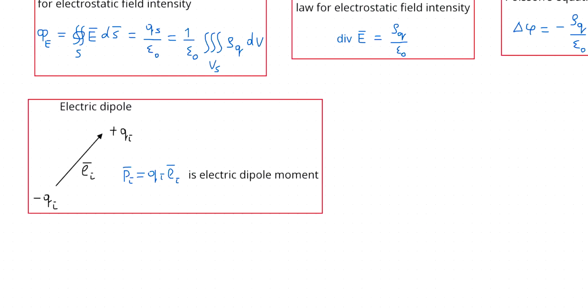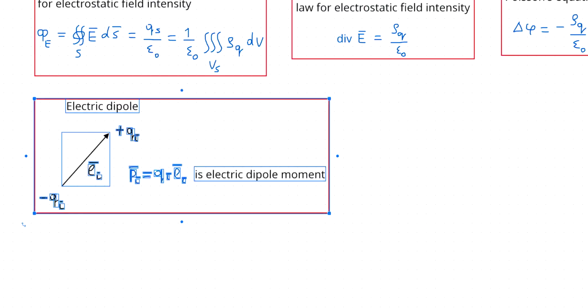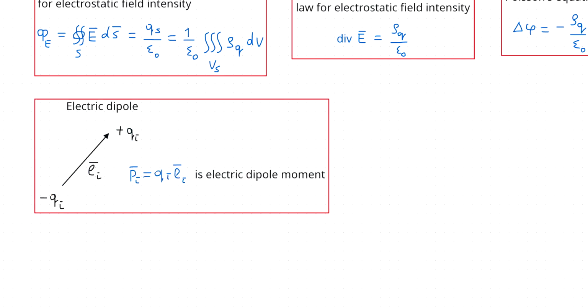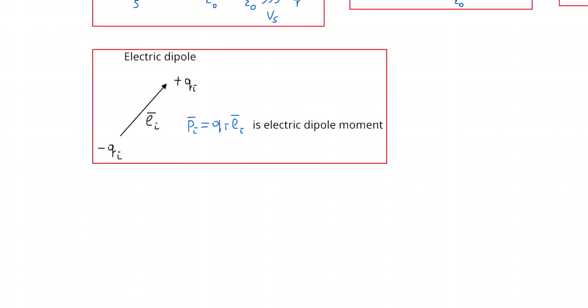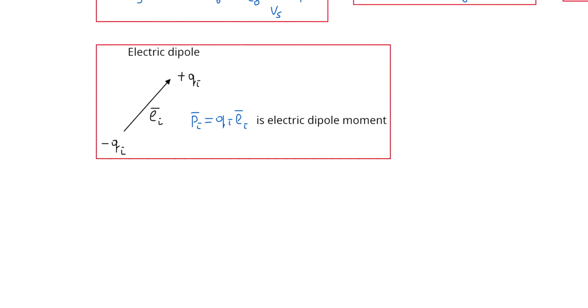So bound charges inside a dielectric may be represented as some amount of electric dipoles. And let's try to imagine what will happen if we put an electric dipole into an external electrostatic field.